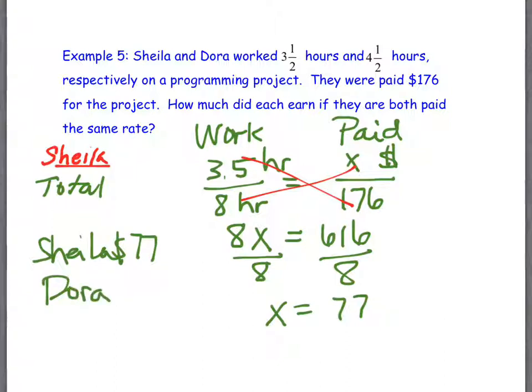And then to find Dora, I still would subtract to get my 99. What do you think? It's a little easier in the end. It's just a little bit less awkward because I don't have the 176 minus x in the distribution. Okay? Either one works though, right?